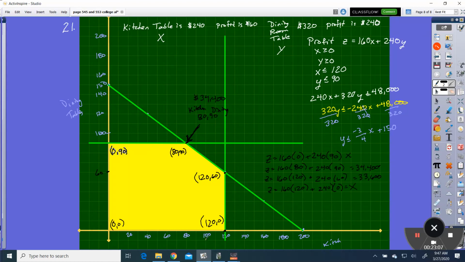So that's the last question. So how many kitchen tables? We answered that, 80 and 90. We found the vertices. That was part D. Test the objective function at each vertex. Well, we skipped 3 of them because we knew they wouldn't be the maximum values.